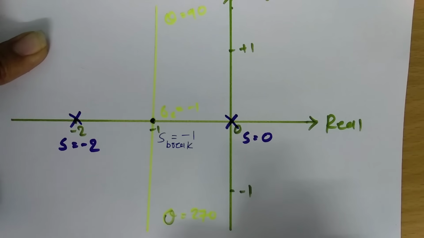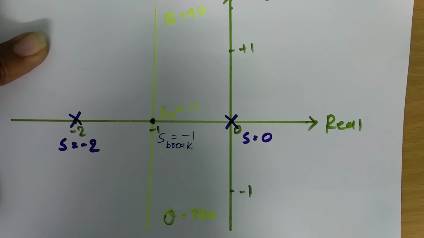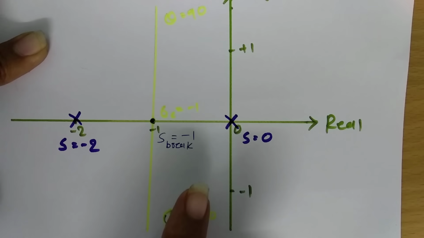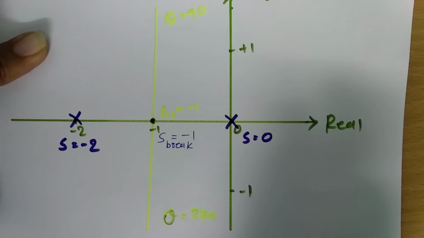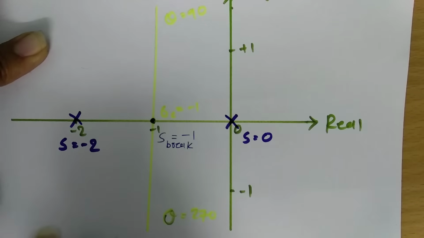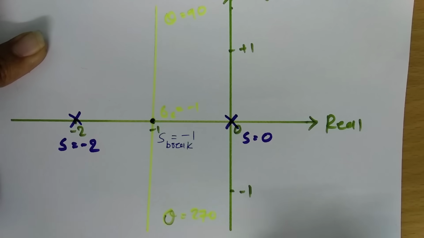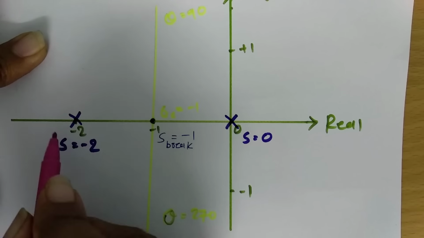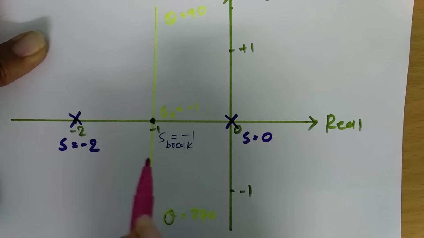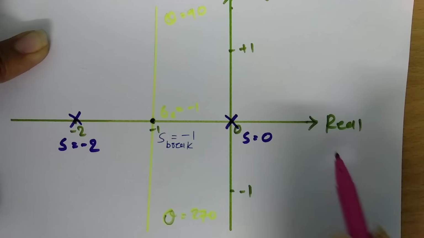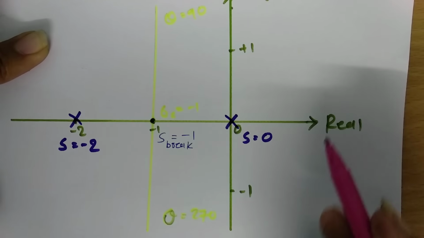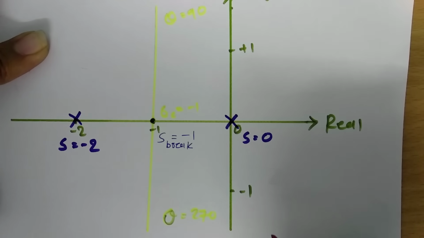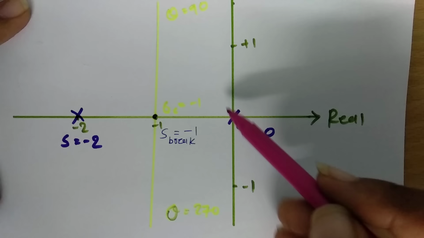And one more thing we need to remember: from one pole only one line can emerge, two lines cannot emerge. So from here only one line will emerge, and the basic first rule of root locus is that the plot should always be symmetric with respect to the real axis.